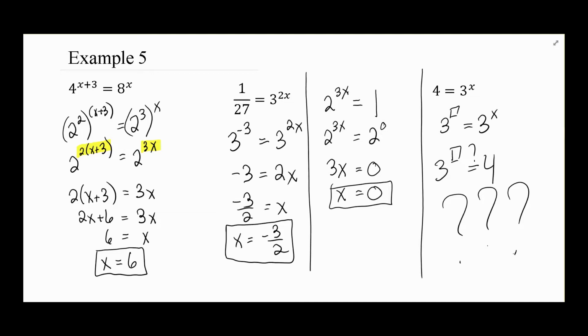I need to undo the exponential function of 3 to the x. That's what I need to be able to do, and that's why we're going to continue on in this unit and talk about the inverse of the exponential. We'll eventually come back to this problem and we'll be able to solve it. Then we'll learn how to put it in the calculator to get some sort of decimal approximation to it. But for now, we just don't know.